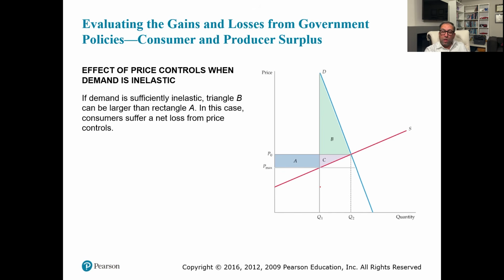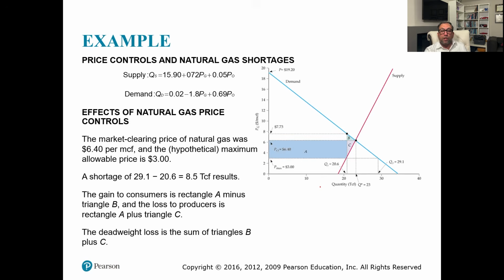So there is a possibility that even when the government sets the price below the equilibrium price, because the demand is inelastic, the consumer surplus is decreased. Now here is an example to understand this whole situation, the government policies intervention.